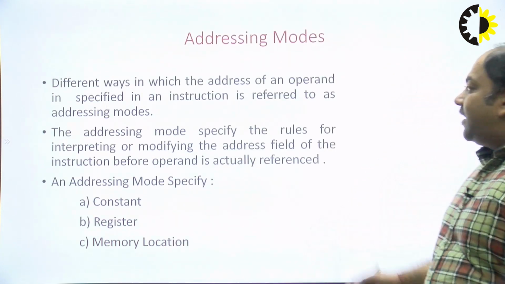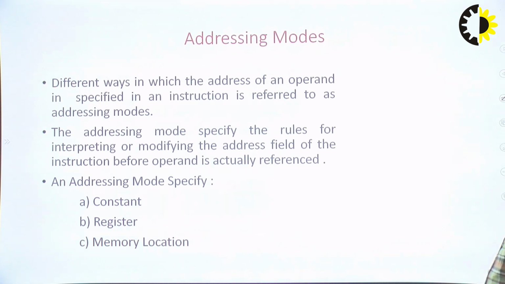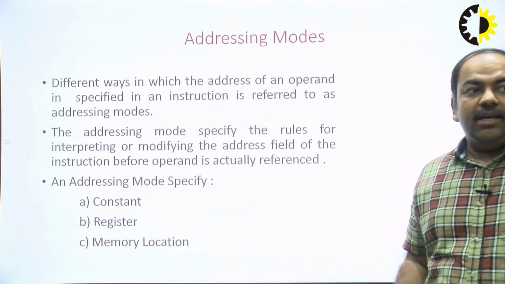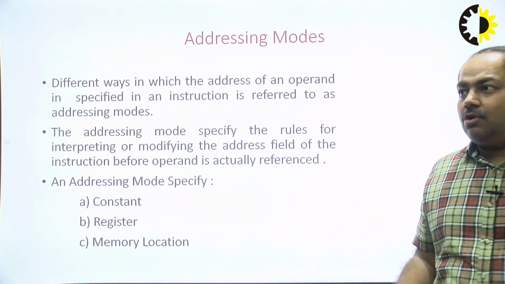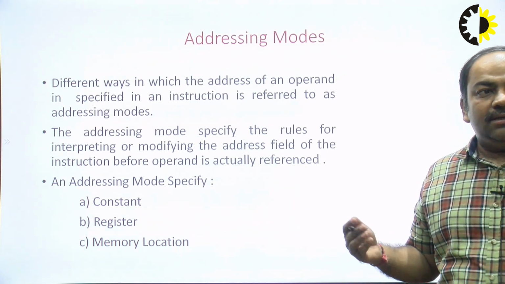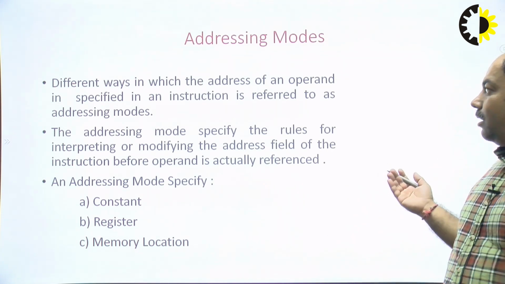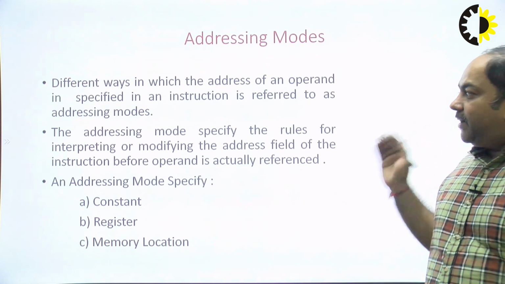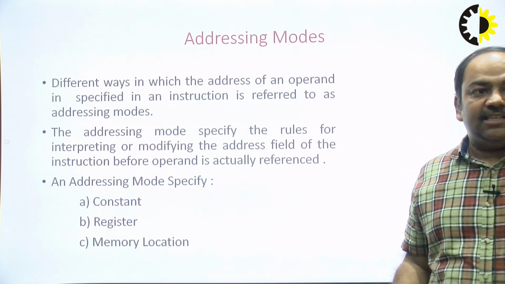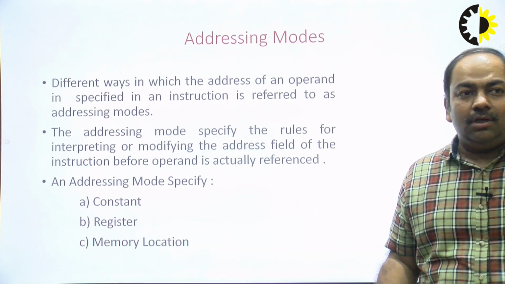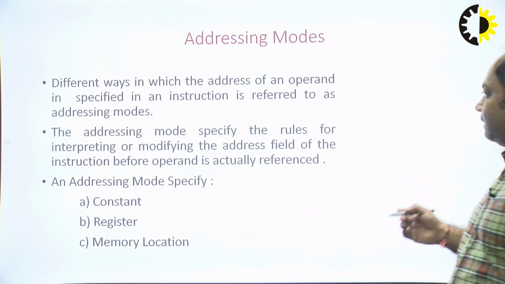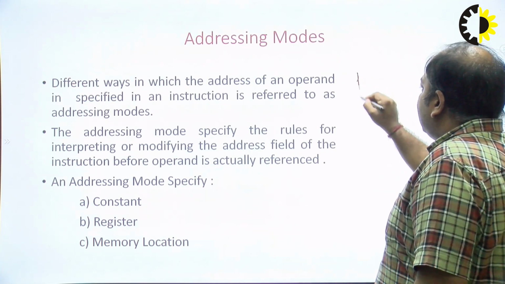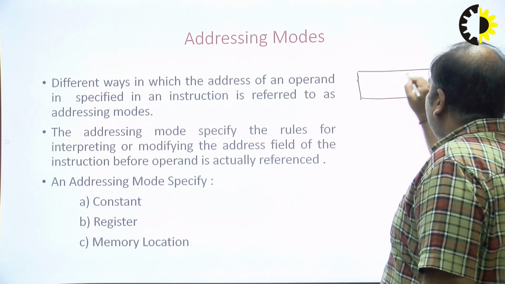First of all, what is addressing mode? Addressing mode is the way in which the operand is specified in an instruction and on which address it is stored. For example, our instruction consists of two parts.